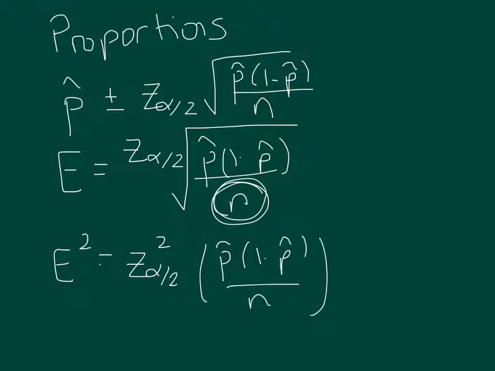And we want to get n by itself. So we multiply both sides by n, and then divide both sides by E squared, to get rid of E squared on that side.